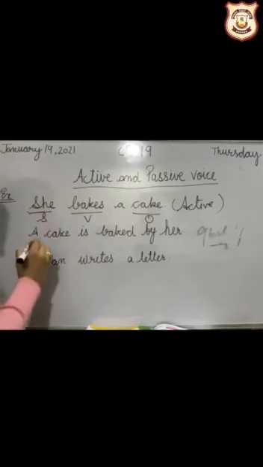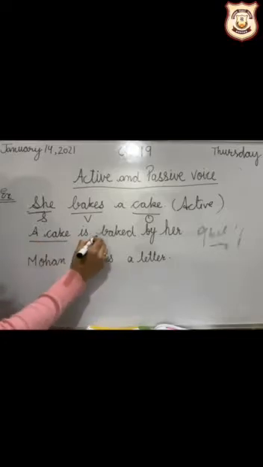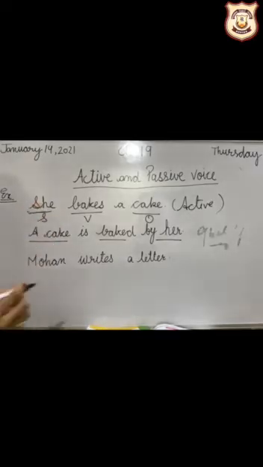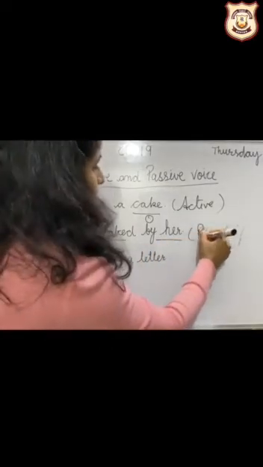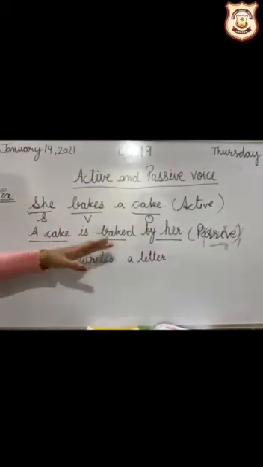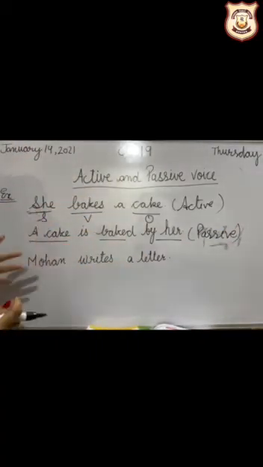But now see the next sentence. A cake is baked by her. Now this sentence is in passive voice. The meaning of the sentence is the same. In both sentences the meaning is the same.